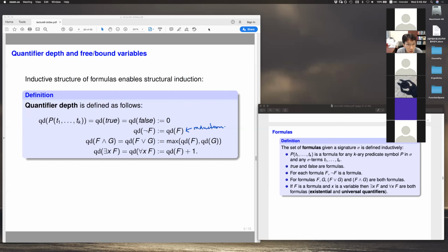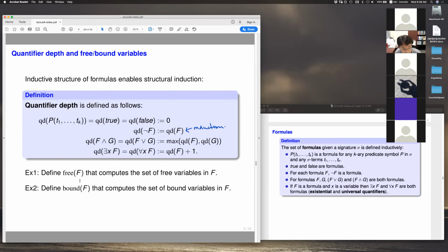Okay, so this is the inductive definition, and what I want you to do now is to define two things using this inductive definition.